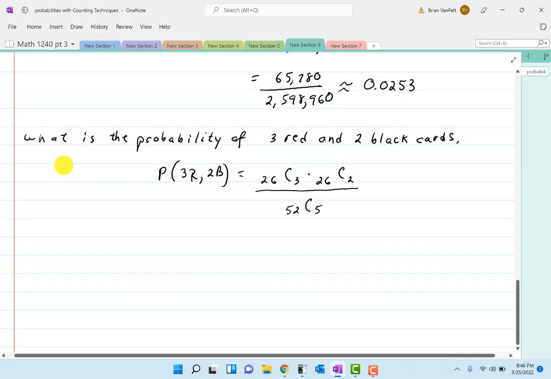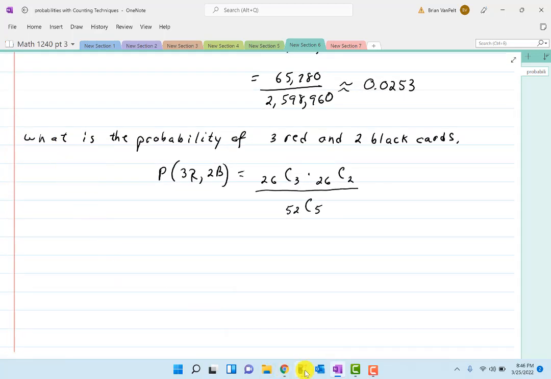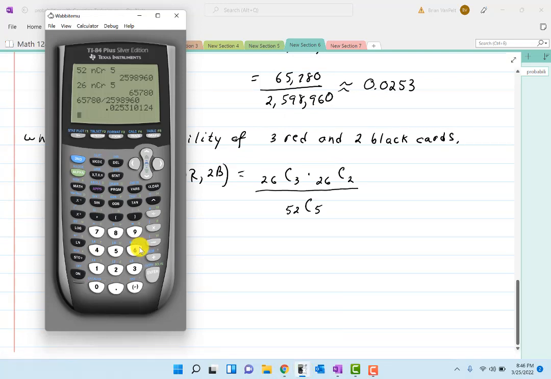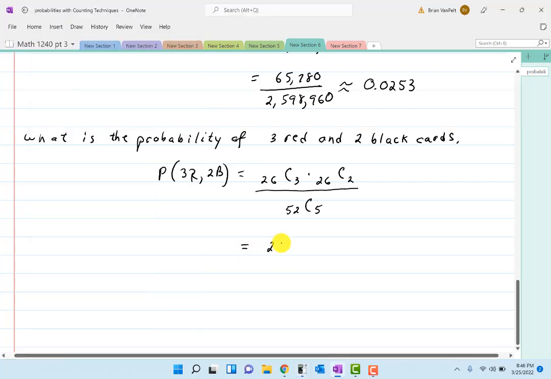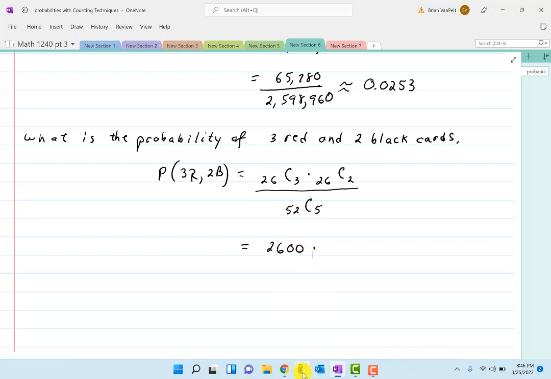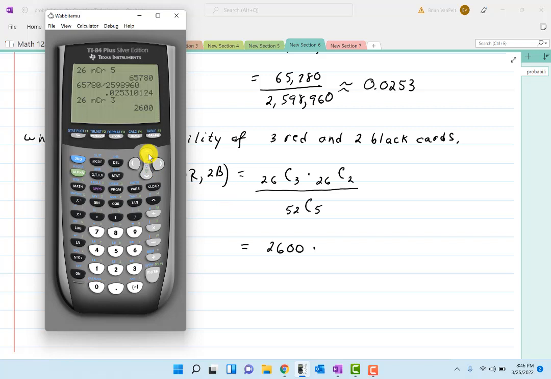Now let's go ahead and get all these numbers. 26C3 is 2,600. And then the 26C2 is 325.